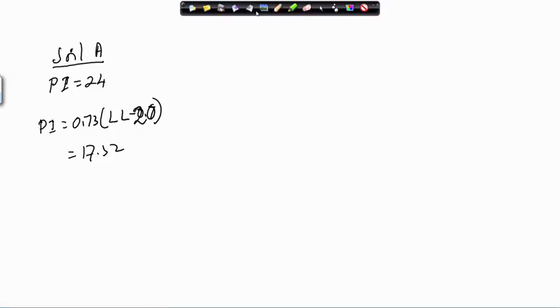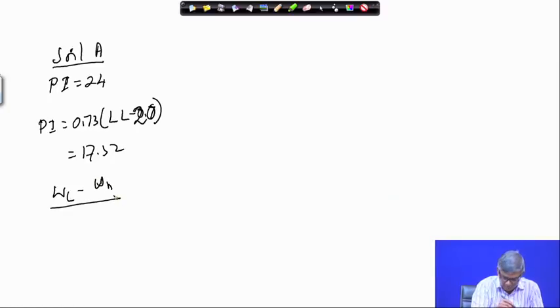For consistency, the expression is (WL minus WN) divided by IP, that is IC, and based on this calculation it comes to 0.58. I will come back to the table which I have given.